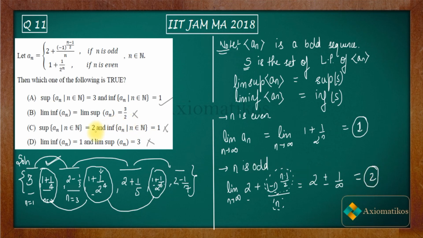So for this sequence you have only two limit points, because the whole sequence can be written as the union of even and odd. The first limit point is 1 and the second one is 2. So according to this, the supremum of S should be 2 and the infimum should be 1. This is how we can evaluate limit superior and limit inferior.